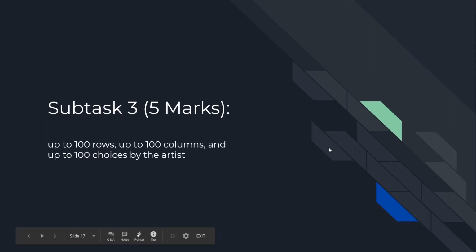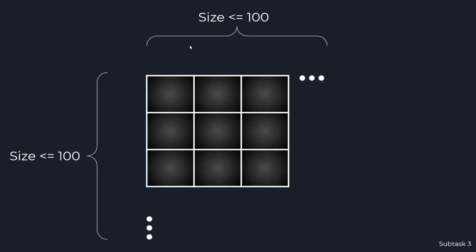So now we're going to be talking about the third subtask. It's worth 5 marks, and the constraints are there's going to be up to 100 rows, 100 columns, and up to 100 choices by the artist to paint over a specific row or column. So now, unlike the previous subtask, instead of just having 100 in this direction, we're also going to have 100 in this direction, which could complicate the way we store the data, the way we change the data, and the way we simulate the painting.